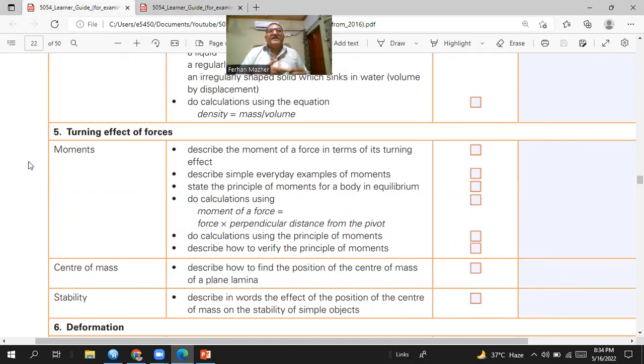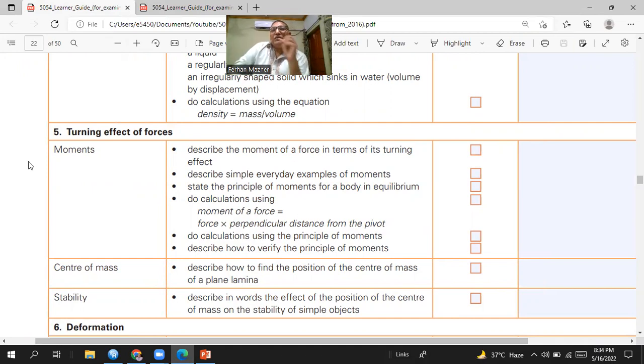So the first thing you should understand is to describe the moment of a force in terms of its turning effect. When you apply force on a body which is pivoted on a pivot, what happens? The body starts rotating about that point. This is called the turning effect. This is called the moment.